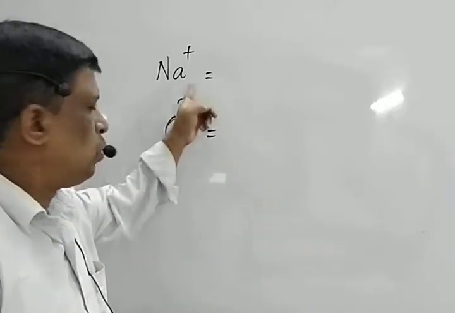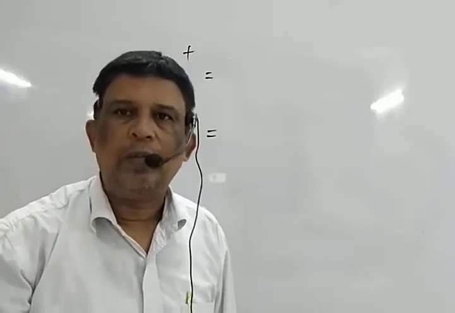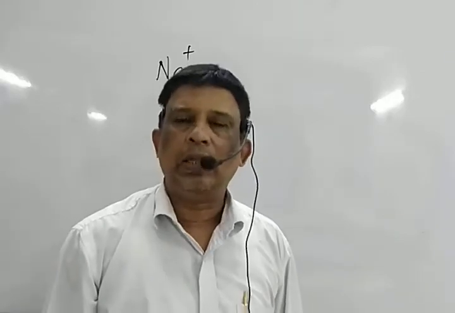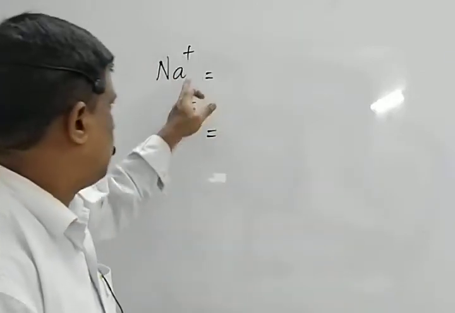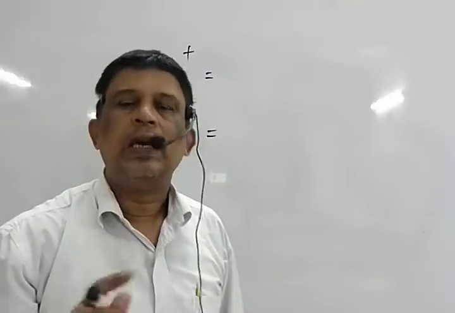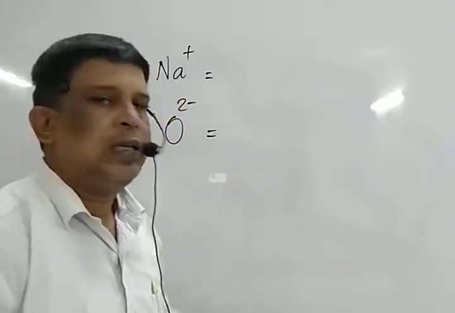In case of positive ion, Na plus means sodium atom loses one electron. So in case of ionic species, there is no change in proton. There is only change in electron. So while calculating the number of electrons, mark that, in case of cation, minus. In case of anion, plus the charge, which gives the number of electrons.